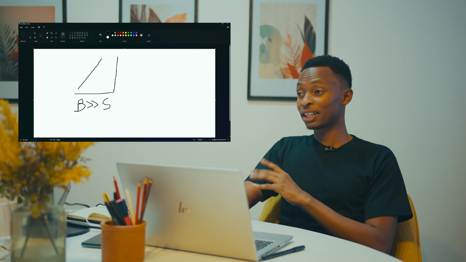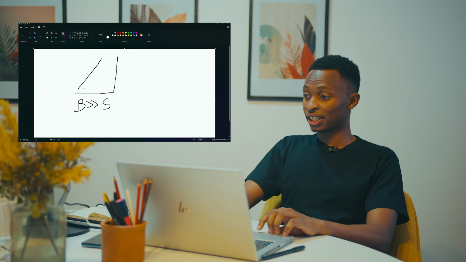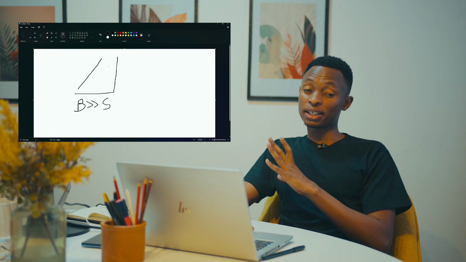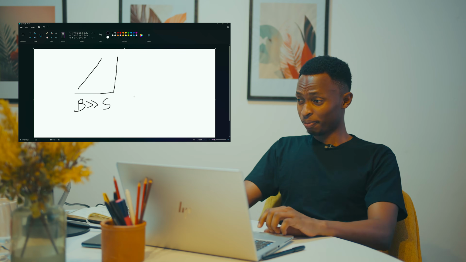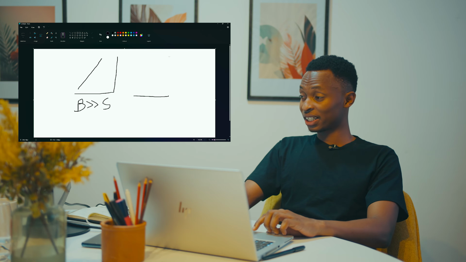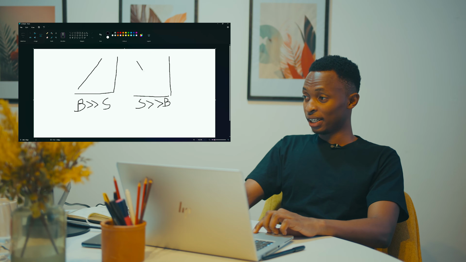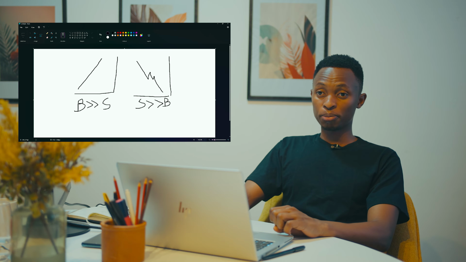In that case, price fails to form pullbacks as we trend higher. The same way, if we have significantly more sellers than buyers, what you see on the chart is a very steep drop, with price failing to form pullbacks, and we just move steeply lower.